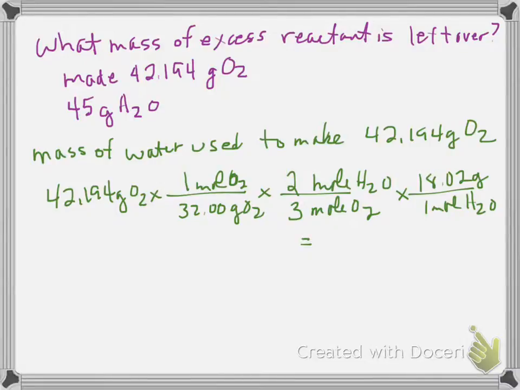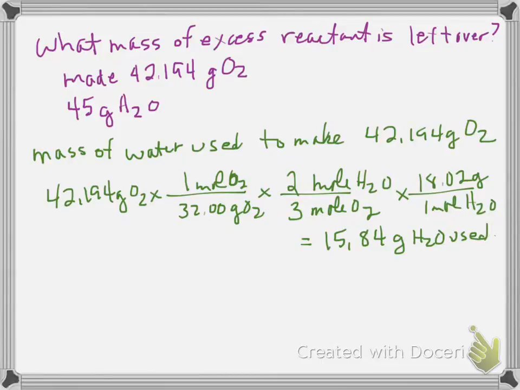So multiplying 42.194 divided by 32 times 2 divided by 3 times 18.02, I get 15.84 grams of water used.